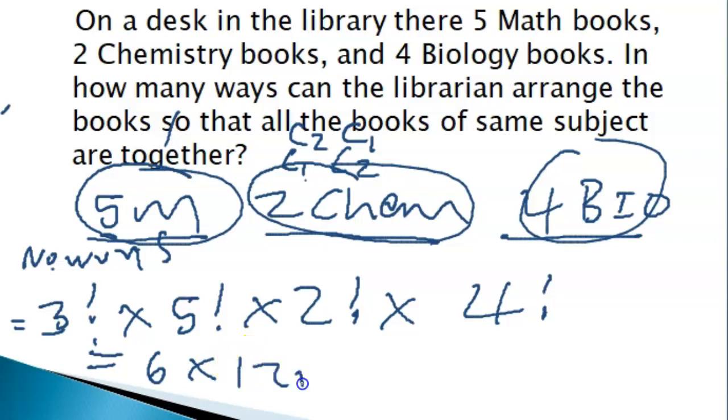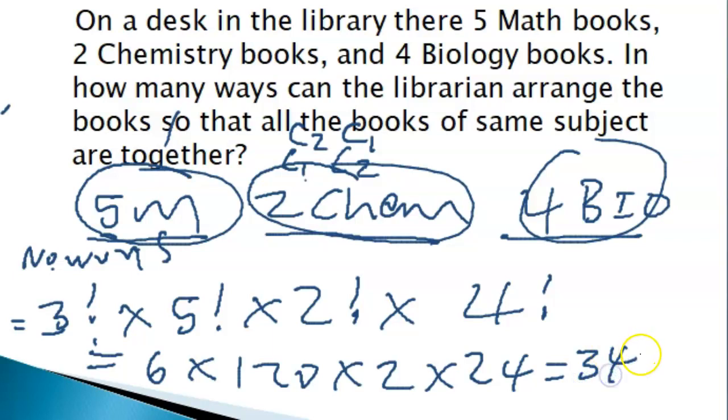That's 120. 2 factorial, that's 2. 4 factorial, that's 4 times 3 times 2 times 1. That's 24. And this should work out to be 34,560. That's the number of ways that this can be done.